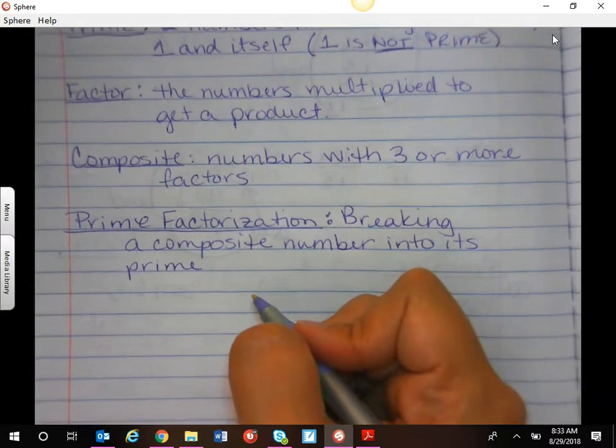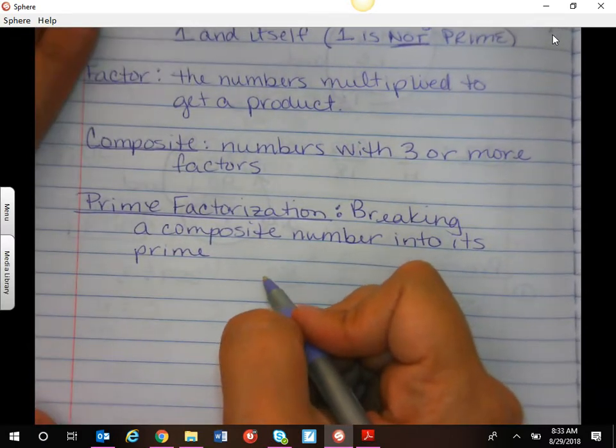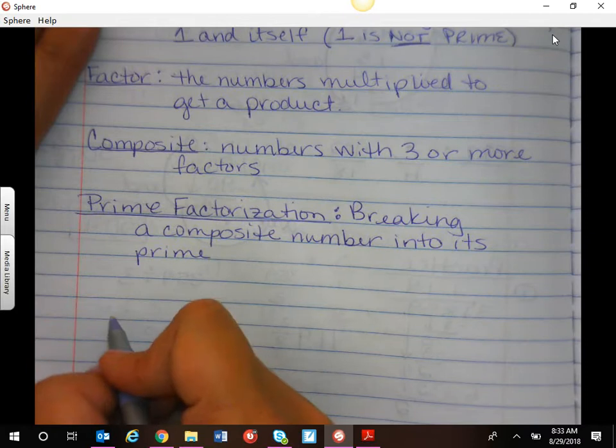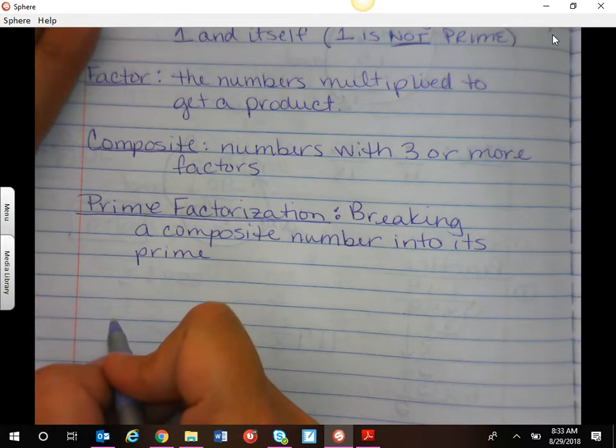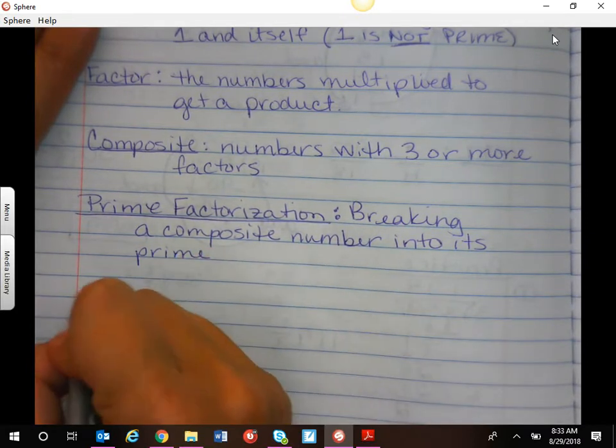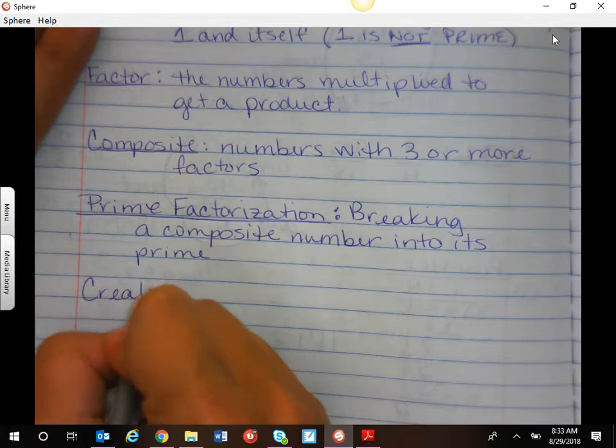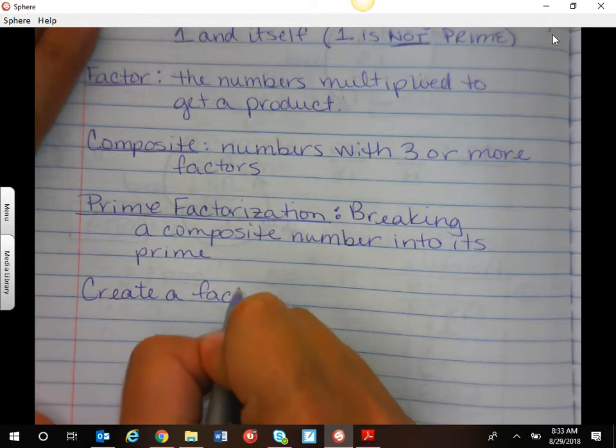Now, you probably did a little bit of this last year, or at least I'm hoping, and you probably did it with a factor tree. So let's start with a simple factor tree. So we're going to create a factor tree.